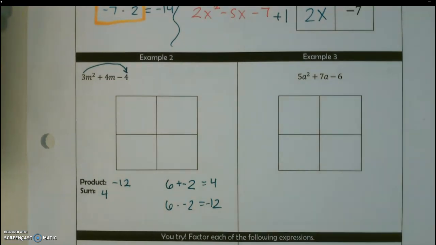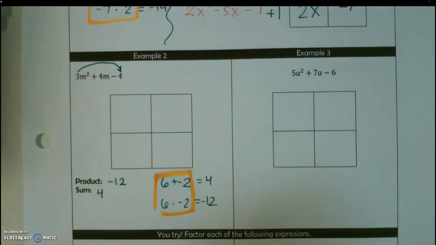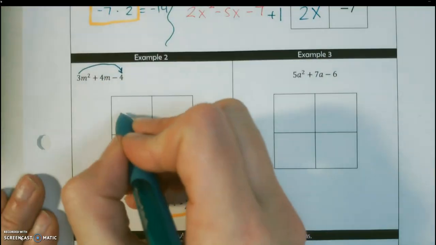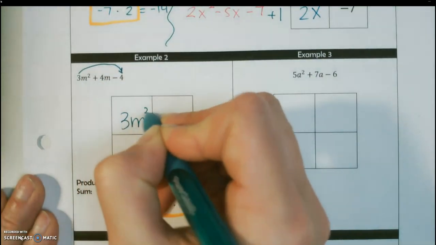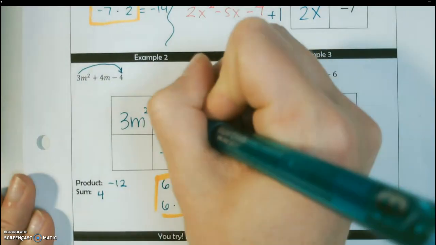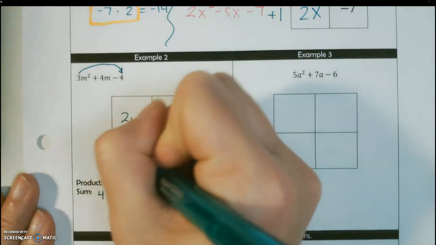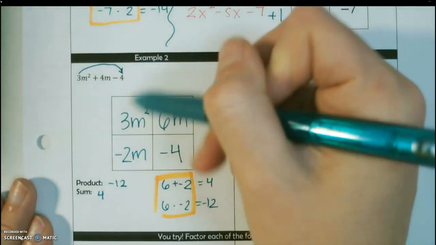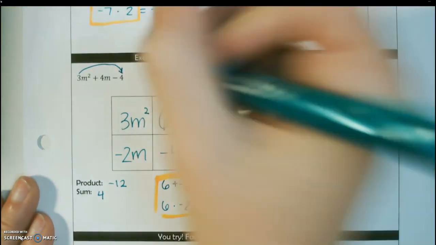So one of my magic numbers is a +6. The other magic number is a -2. We're going to put the first term in the first box, the last term in the last box, and then our magic numbers, a 6 and a -2. Okay, we can find the GCF of this column.